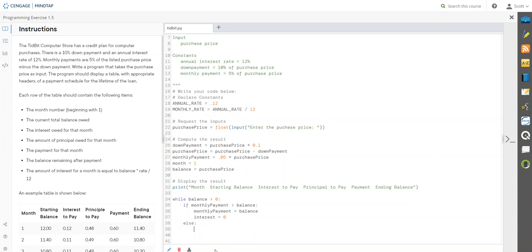We're going to say interest. Make sure it's capitalized and we take the choice there. Equals balance times what's our monthly rate. There we go. So each time we go through, we calculate what the interest is.